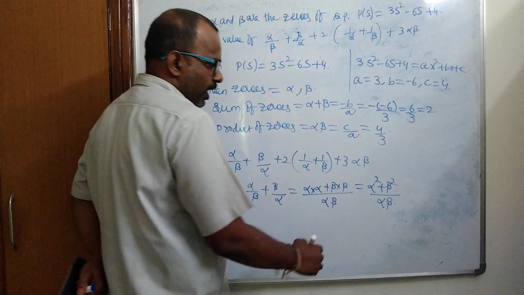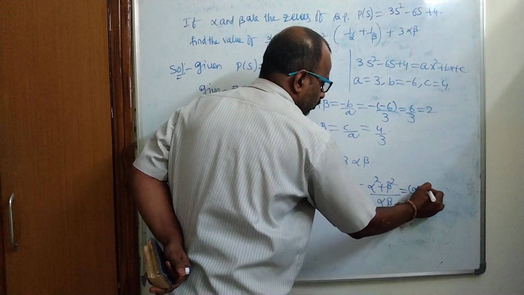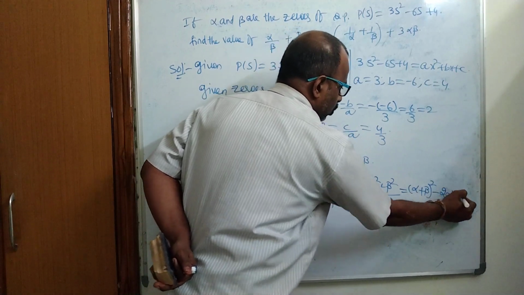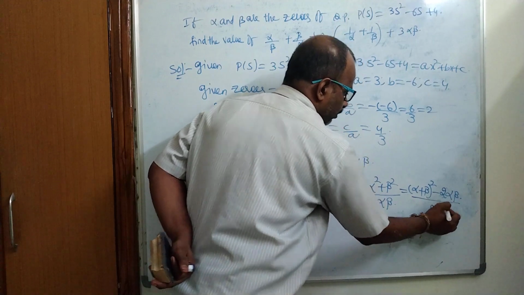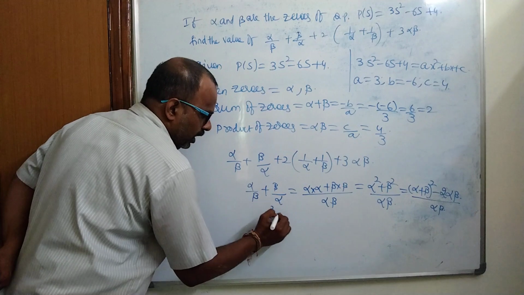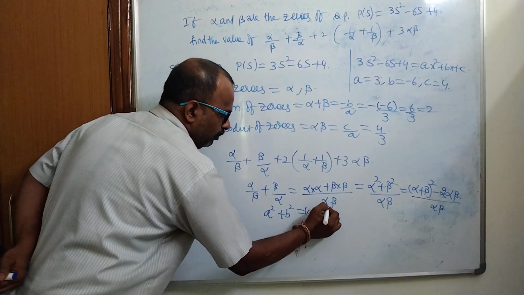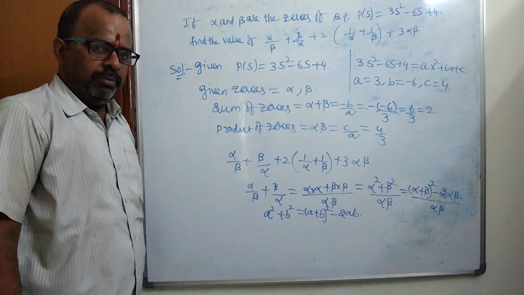So alpha square plus beta square is nothing but alpha plus beta whole square minus 2 alpha beta, by alpha beta. We are applying the formula a square plus b square is equal to a plus b whole square minus 2ab.